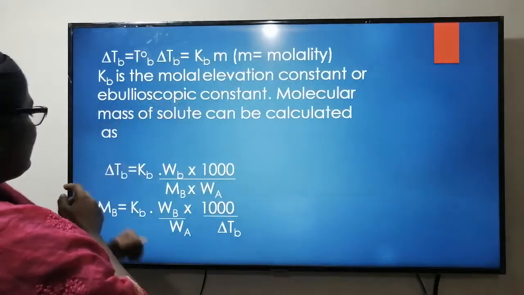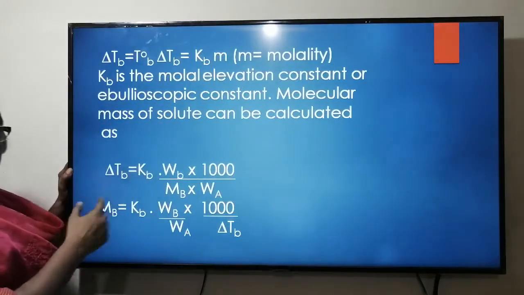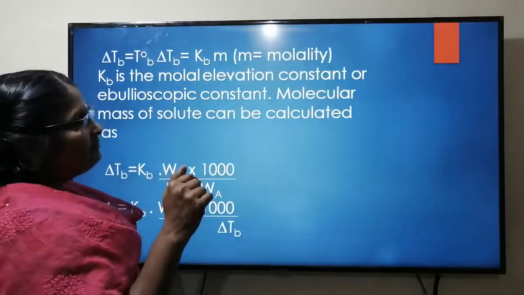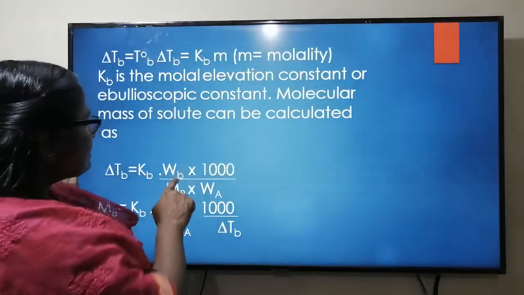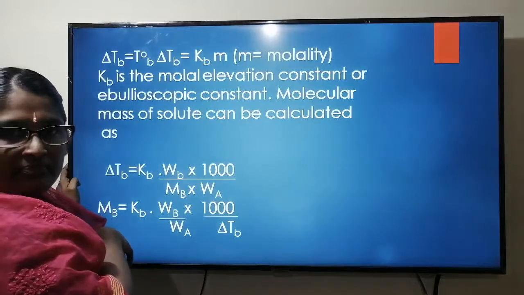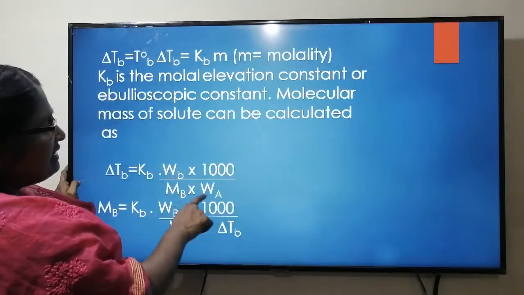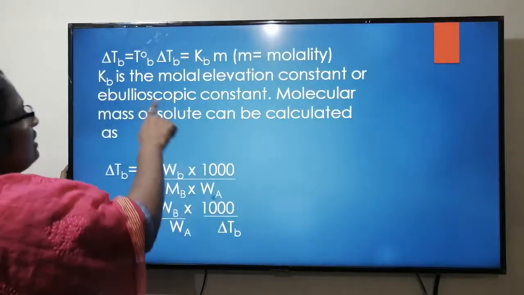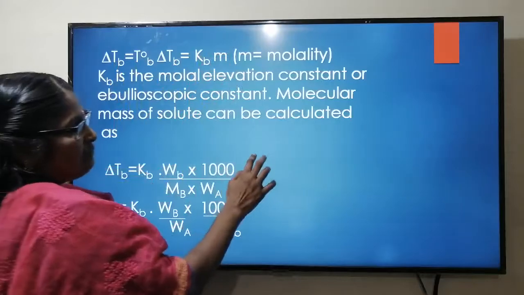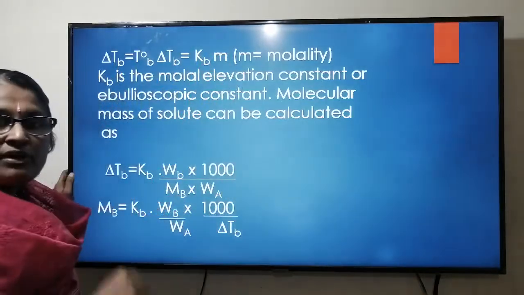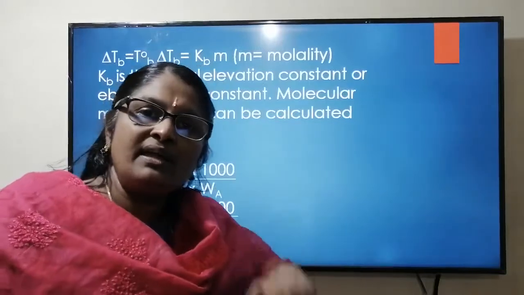Molecular mass can be found out from delta TB is equal to Kb into m. Molality is equal to number of moles of solute divided by mass of solvent in kilogram. Number of moles of solute is Nb, and Nb is equal to Wb by Mb, given mass by molar mass.